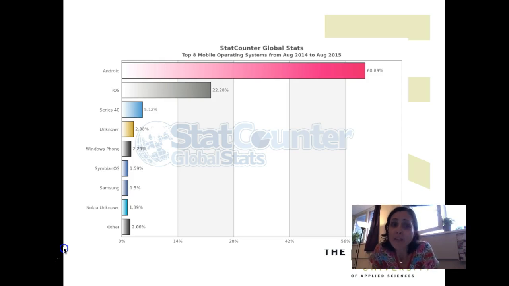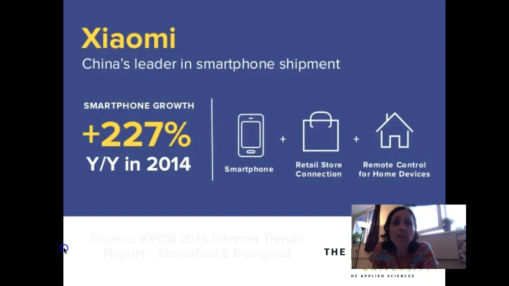But basically, Android at the moment, when these figures came out, was the biggest operating system, and I believe still is. iOS is the next one, and then there's others as well. Xiaomi in China is one of the leaders.